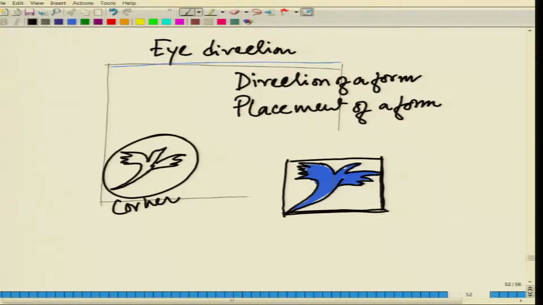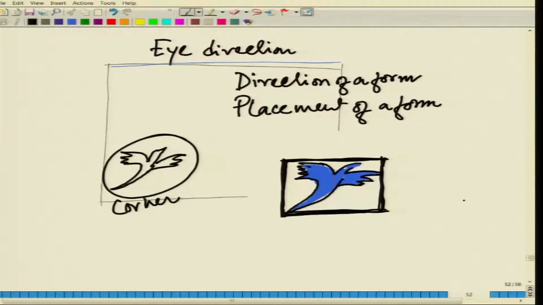If the paper size is not more than this big, the form will appear more static.